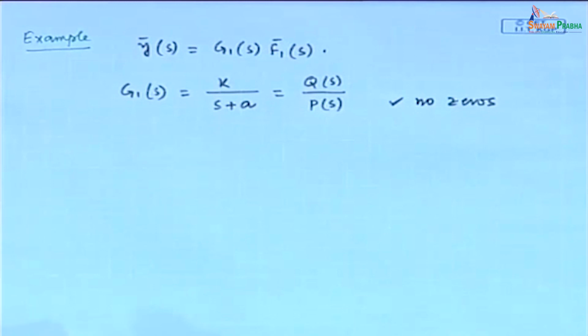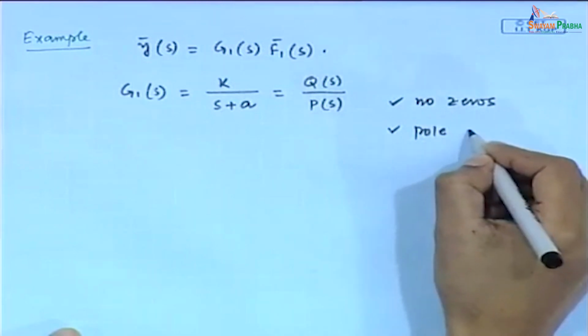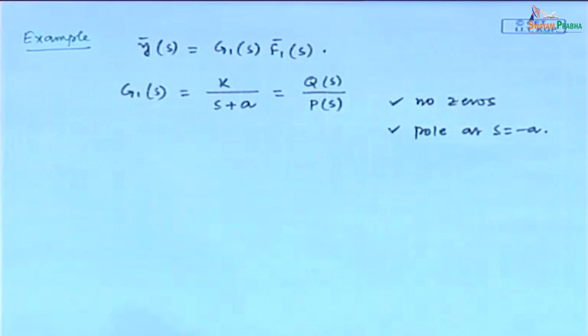P(s) is s plus a. So, there is a pole at s equals minus a. Understood? There is no zeros for the example system and there is a pole at s equals minus a.